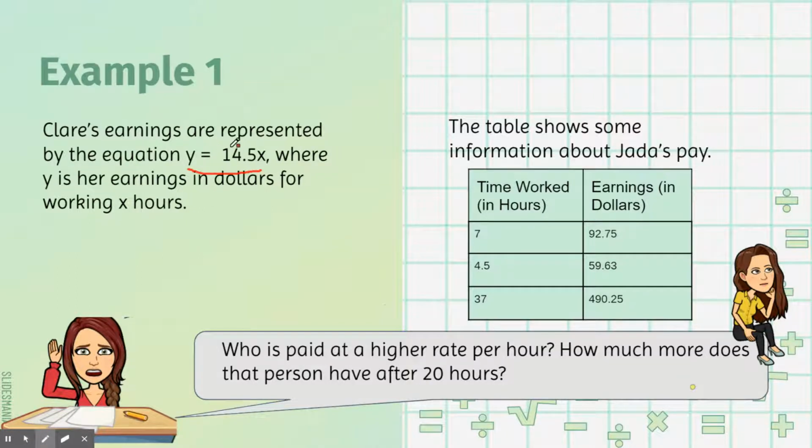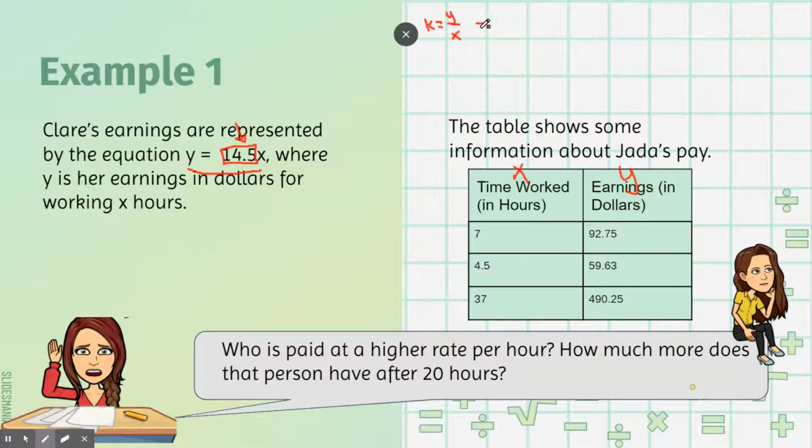We already know Claire's rate per hour because her K, or her rate of change or constant of proportionality, is right here. It's 14.5. But we don't know Jada's. So we have to find hers by using our formula K equals Y divided by X. Remember, Y is the earnings and X is the time in hours.